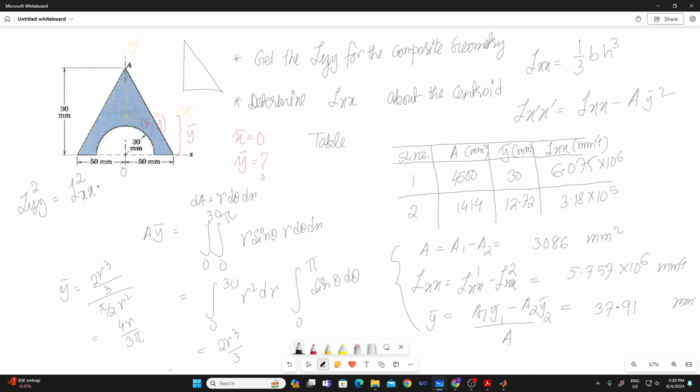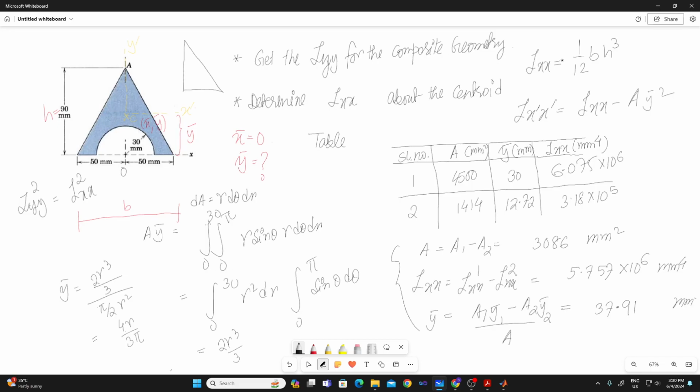Sorry, I made a mistake. This is B and this of course is H. I made a mistake in writing this expression, so it is supposed to be 1 by 12 BH cube. You can check that, this is what you are going to get for a triangle.